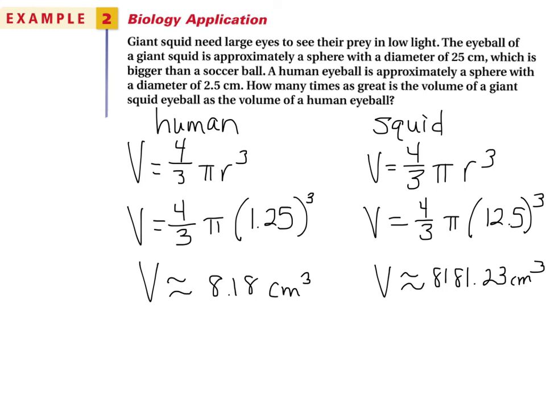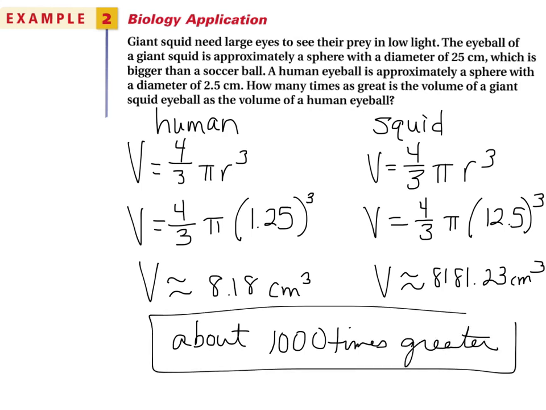So divide them. Approximately how many times greater? The giant squid eyeball is about 1,000 times greater.